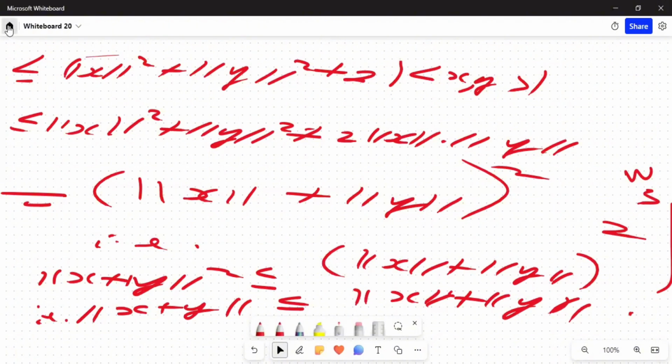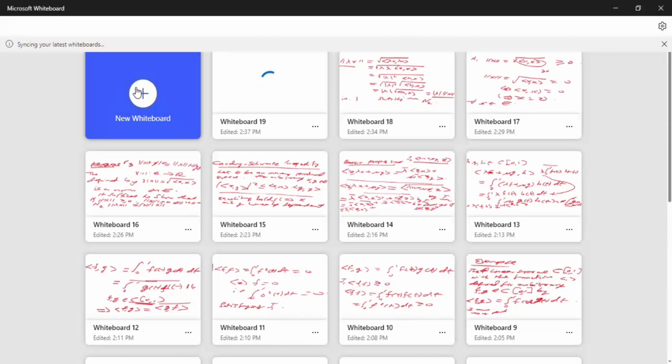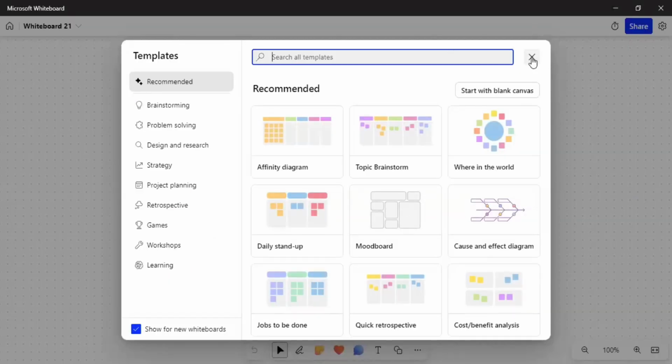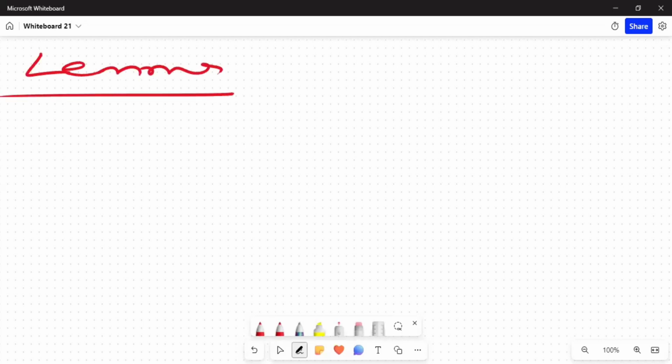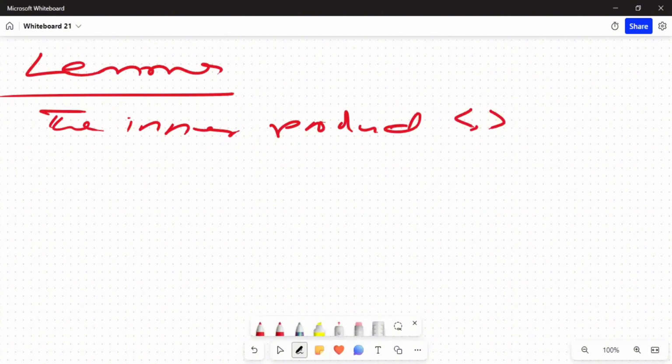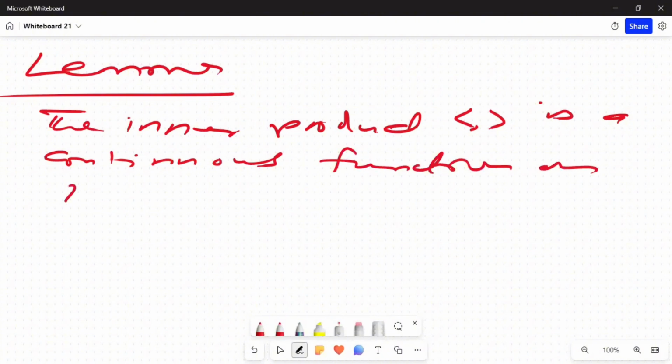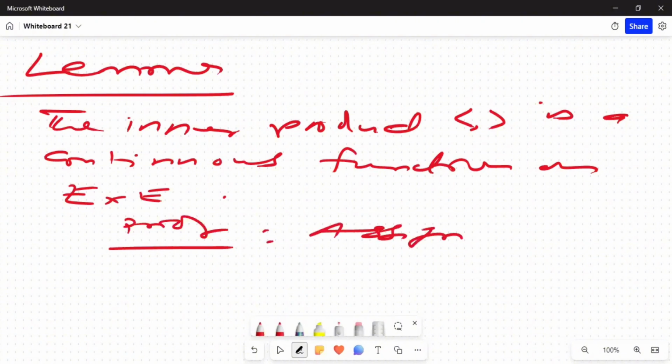We want to look at other properties also. I put it as a lemma: the inner product, which we normally denote as this, is a continuous function on E. The proof I will give you as an assignment, but it's very simple.